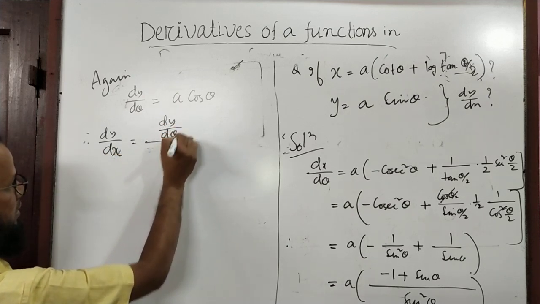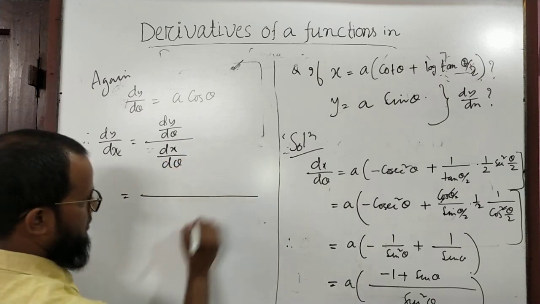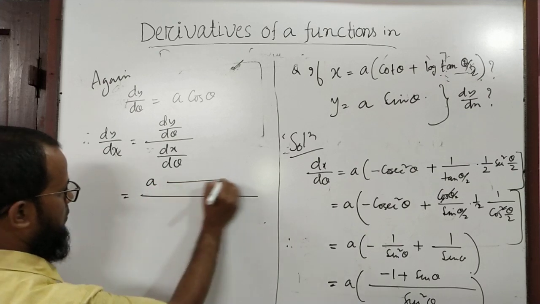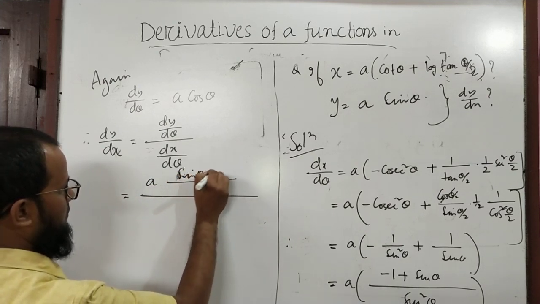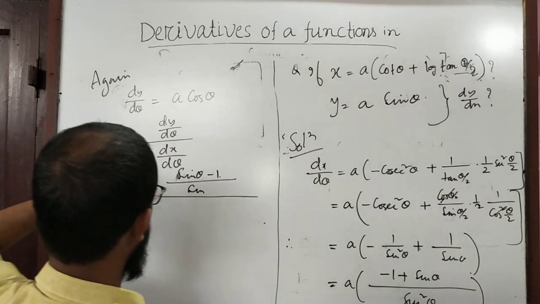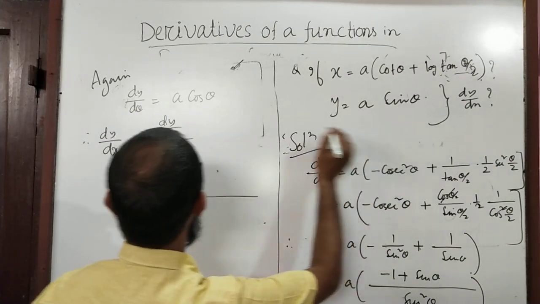dy by d theta divided by dx by d theta. Substituting the value of dx by d theta as a into sin theta minus 1 divided by sin square theta, and dy by d theta is equal to a cos theta.